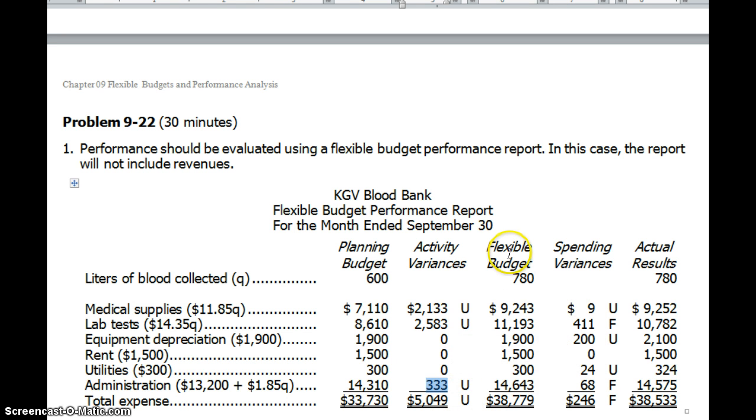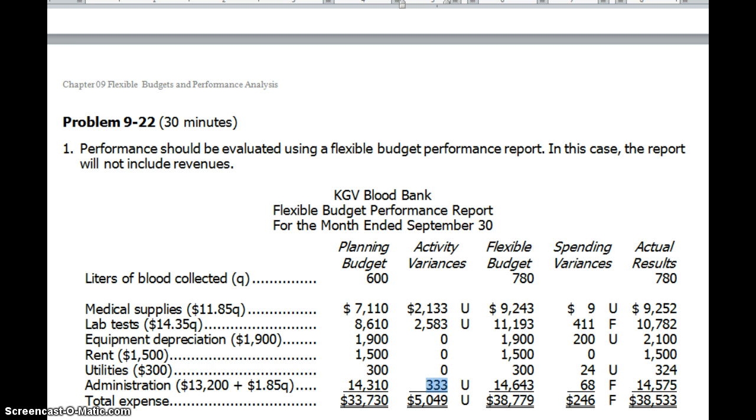The second part of this flexible budget performance report is to isolate any spending variances, any inefficiencies that the organization may have. When we do this, all we do is compare the flexible budget, which we just calculated, to the actual results, which are given in the book. When we do that, we isolate some variances.